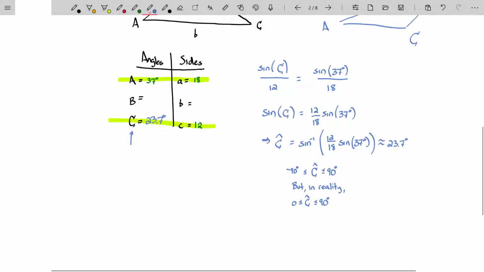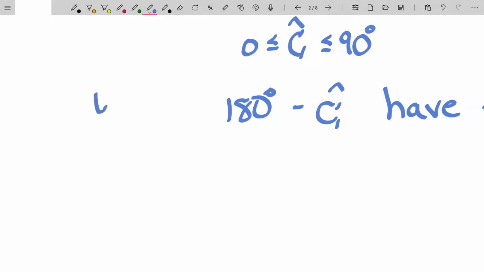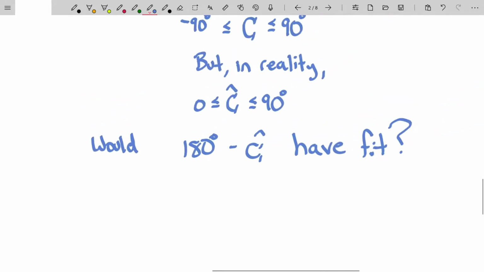Then we need to ask, wait, hold on, would 180 minus that C hat also fit? So would 180 degrees, the supplement basically, would the supplement of our reference angle have fit?